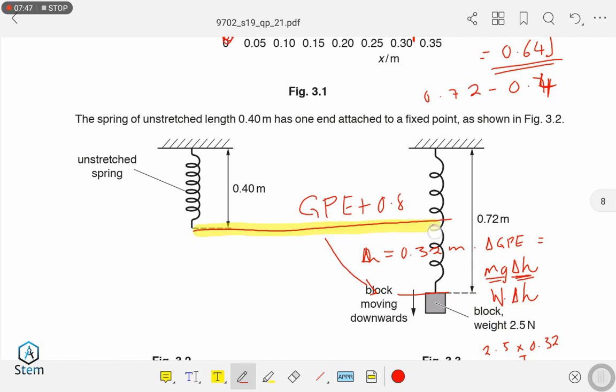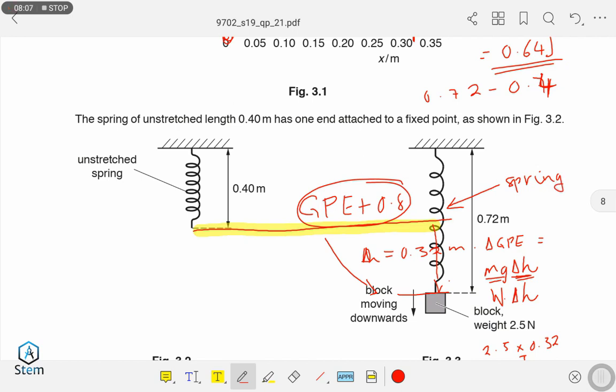When it dropped to the bottom, part of the gravitational potential energy which it was transferring to kinetic energy was actually taken by the spring.